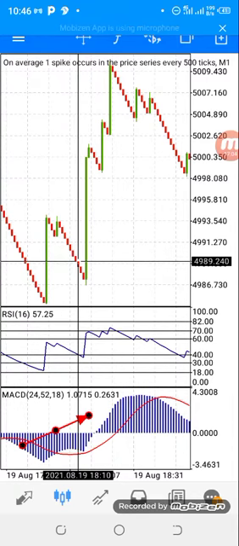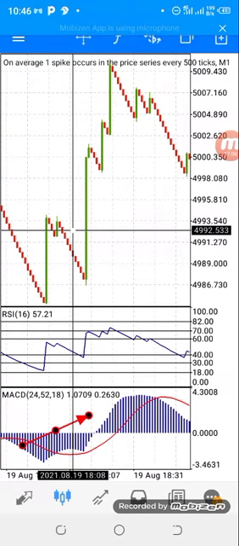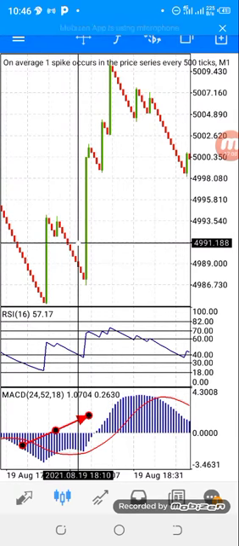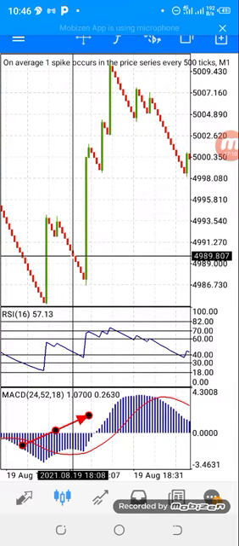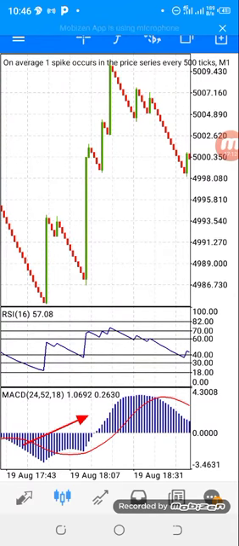Now, as you can see here, there are already MACD bars above the red signal line, which signifies that we are waiting for the touch of the RSI line at either 40 level, 30 or 18 level.